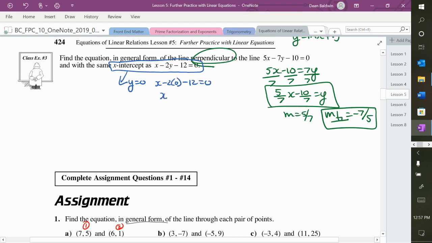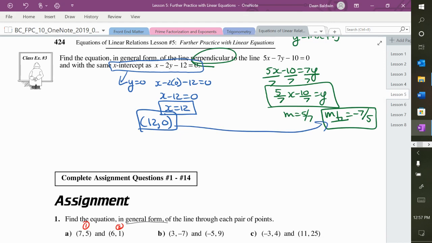2 times anything is 0. What does x equal? So that means that we have a point of 12 and 0, and we have the slope of that. So what formula do I put it into? Point slope.